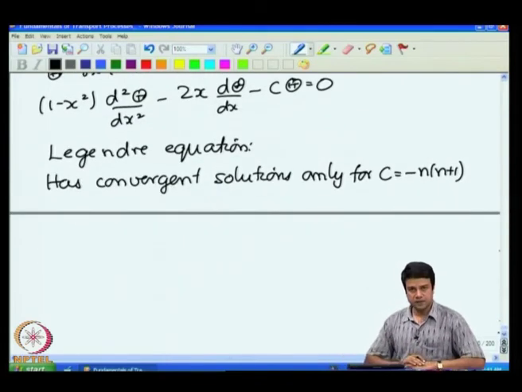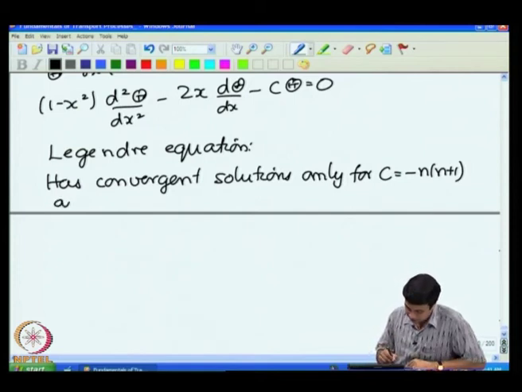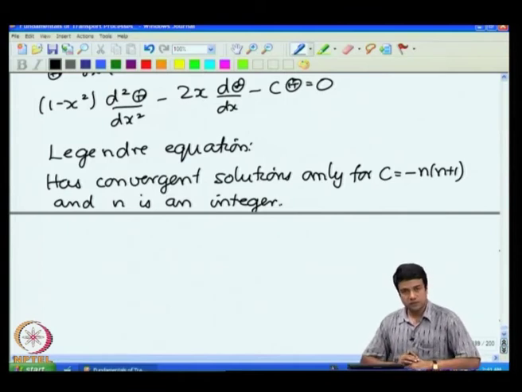We will see how this particular convergent solution comes out, and n is an integer. So it has convergent solutions only if C is equal to minus n into n plus 1 and n is an integer. So let us see how this convergent solution comes about.